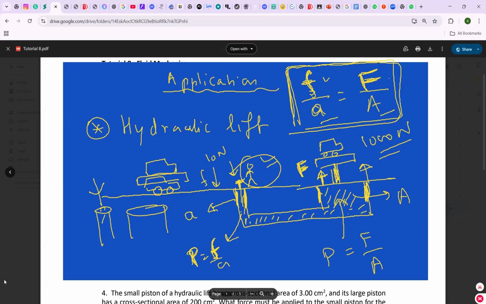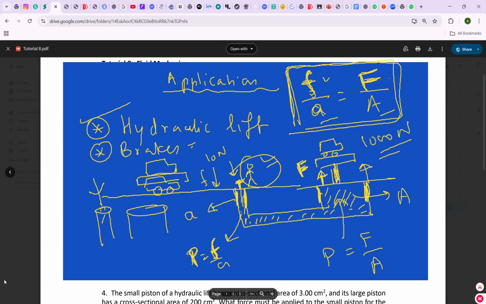So we will use this formula now. You can write it down. Now we will do the question. There is another application, hydraulic brakes, but that is normally not asked. It is quite complicated. The very simple one is the hydraulic lift.